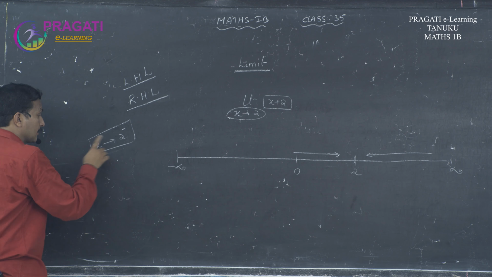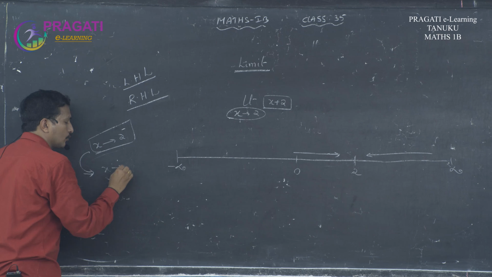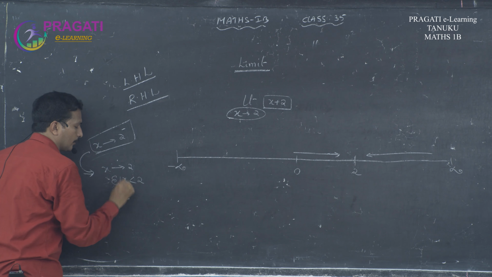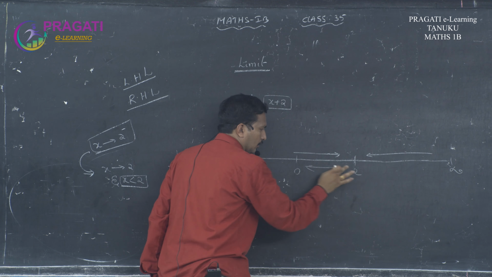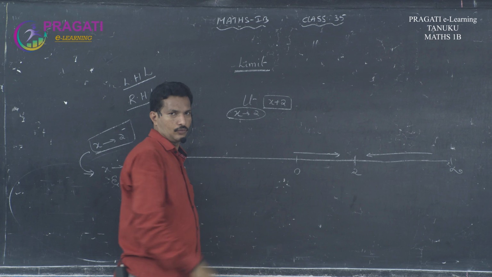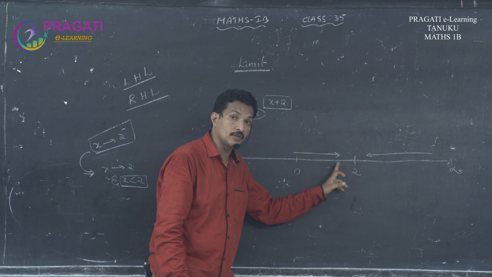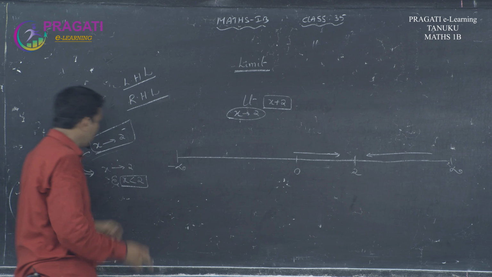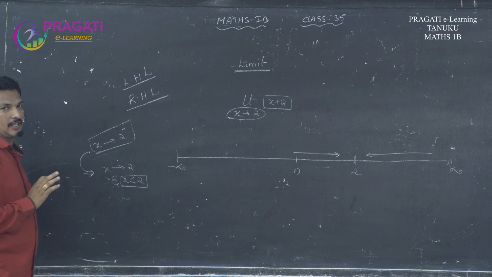Here the meaning is x tends to 2 and x less than 2, because the left side values are all less than 2. Here 0, 1, 1.1, 1.2, 1.3, 1.4, 1.5, etc. All values are less than 2. So it is written as x tends to 2 and x less than 2.